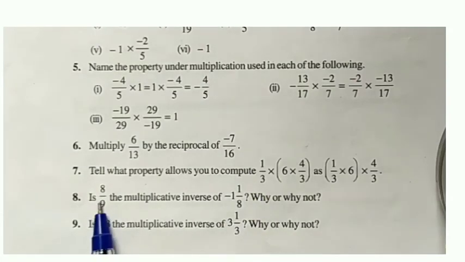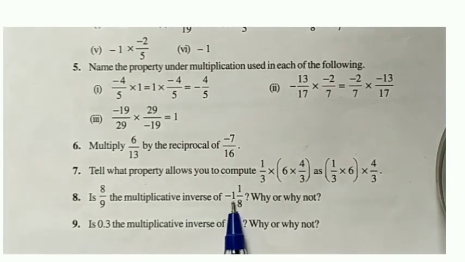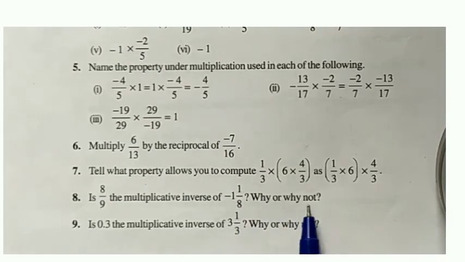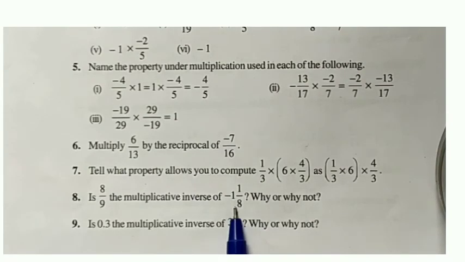Now the eighth one, is 8 by 9 the multiplicative inverse of minus 1 integer 1 by 8? Why or why not? So first, they have given it in mixed fraction, try to write it as an improper fraction, then we will get what we need.